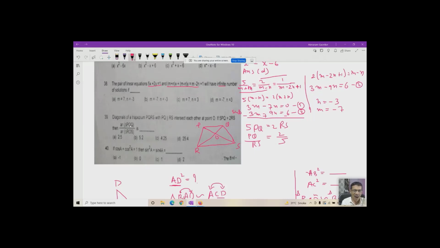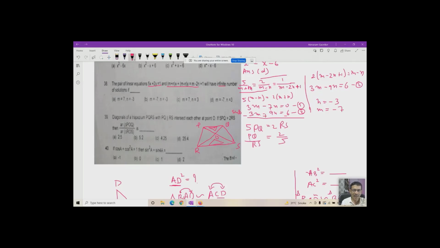So you are asked to find area of POQ and ROS. These two triangles are similar.